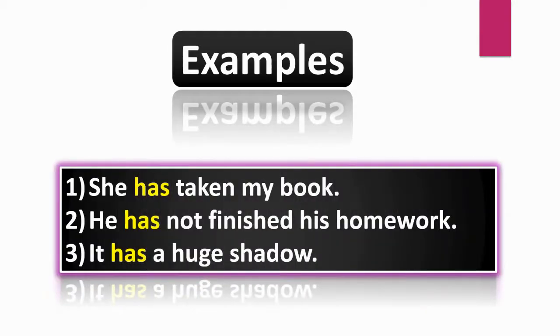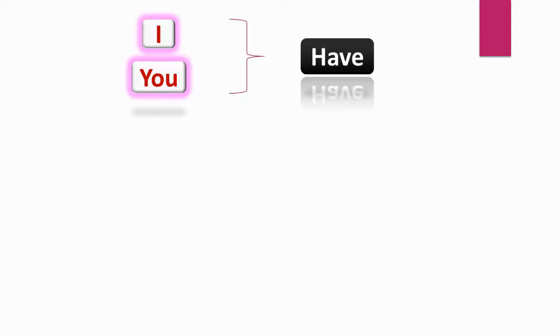Examples. First one, she has taken my book. He has not finished his homework. It has a huge shadow. Now children, you all can see he, she and it. With this pronoun, we have to use has. So, I, you, we have to use have.